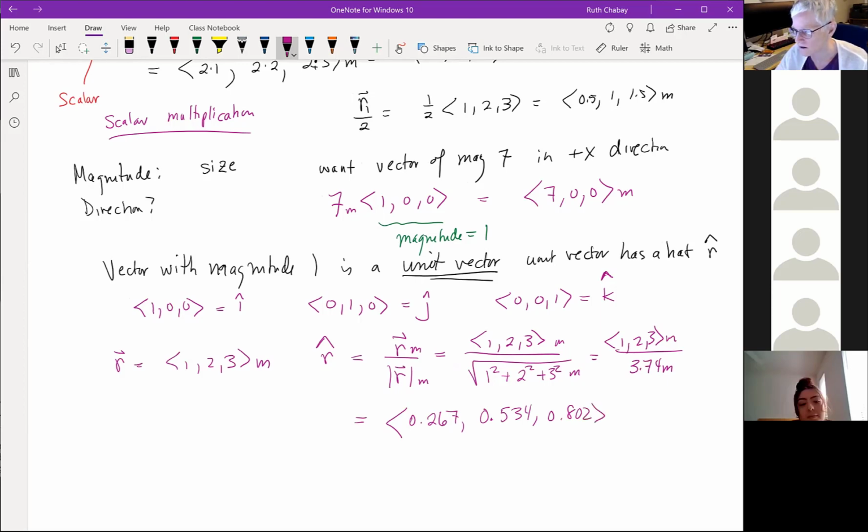Notice that the units of meters actually cancel, so a unit vector has no units.